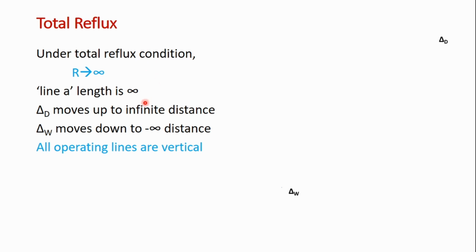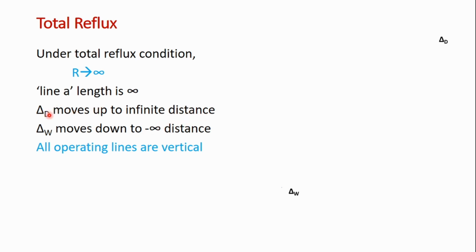So what happens to the ratio of line A by line B? The numerator, line A, has infinite length, so the delta D difference point goes to infinite distance, it moves up.